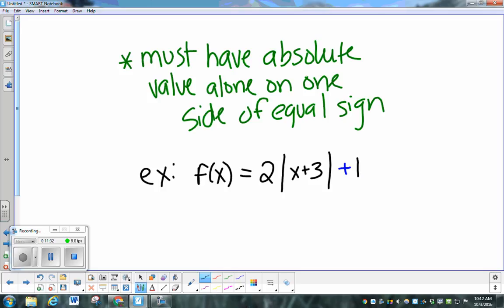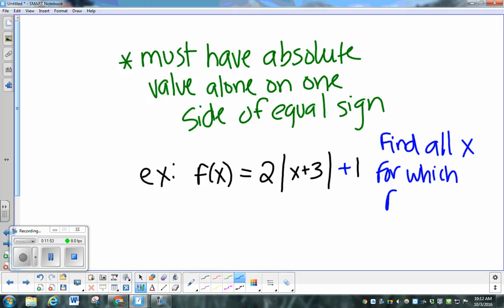So that's the equation we're going to use. F of x equals 2 times the absolute value of x plus 3, and then at the end, plus 1. And the instructions it would say are find all x for which f of x equals 15.